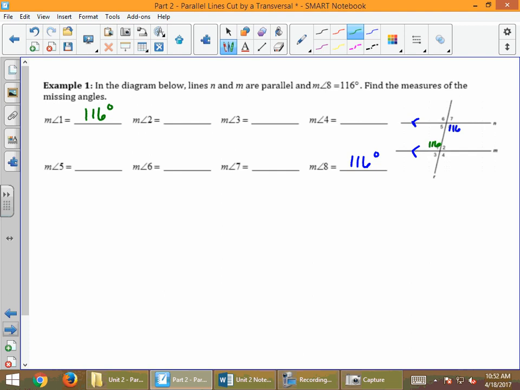The corresponding angle to angle 8 is the one that sits in the same corner. So remember, think about that box. You don't have to draw the box every time. I'm just drawing it for the visual. 8 is in that bottom right. So the one that's also in the bottom right is 4. So that means 4 is also going to be 116 degrees.